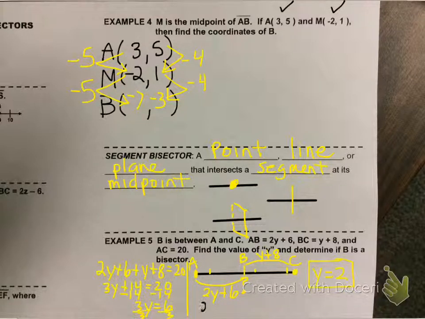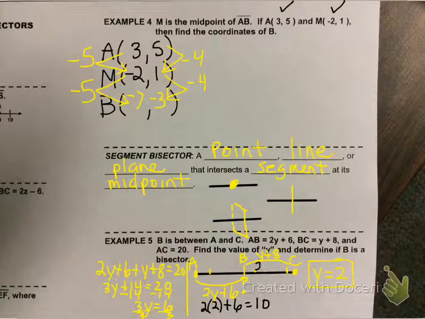Y is 2, we established. So what does that give you for the length of segment AB? We put 2 in for y, so we have 2 times 2 plus 6, which is 10.